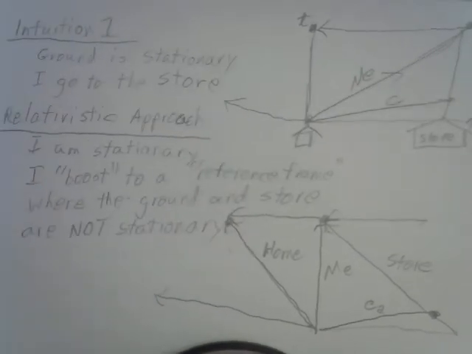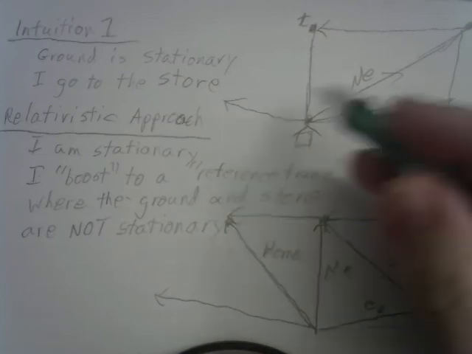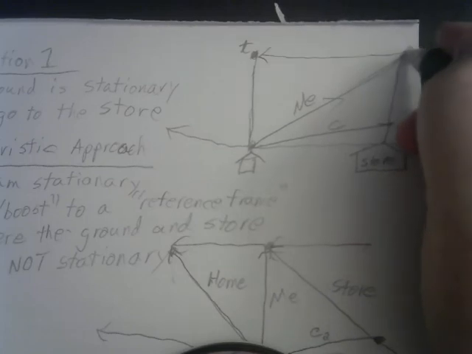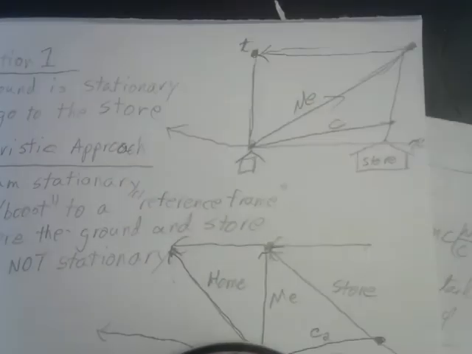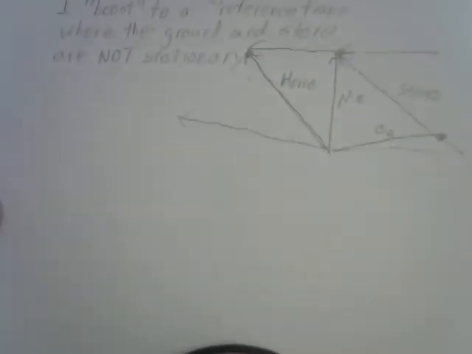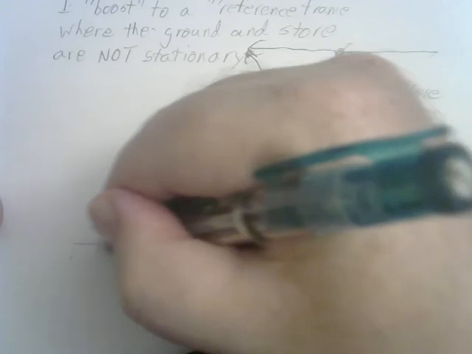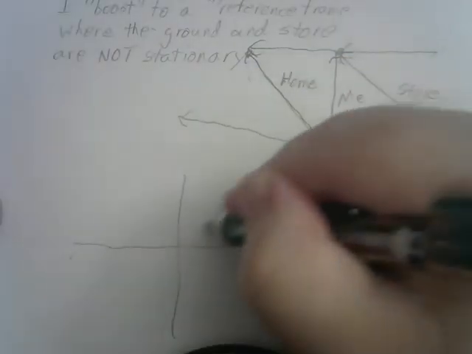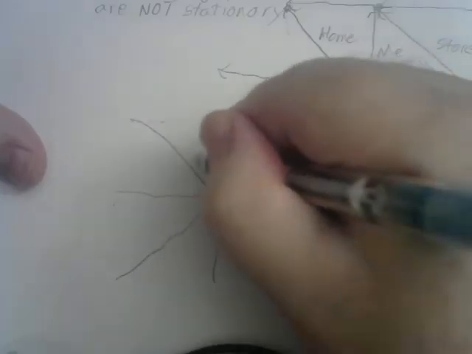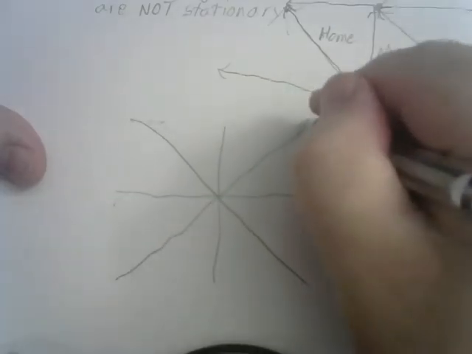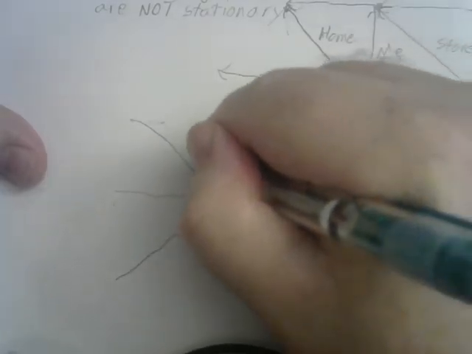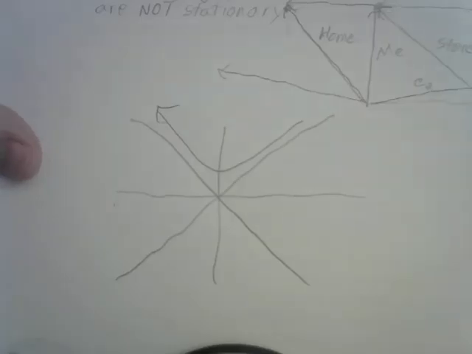What we're going to do instead to keep the speed of light constant here and here is, instead of moving these events from here to here and keeping them at the same time, we're going to imagine the speed of light right here and the speed of light right here. And instead of moving the events in a straight line going that way, we're going to move them on a hyperbolic arc like that.